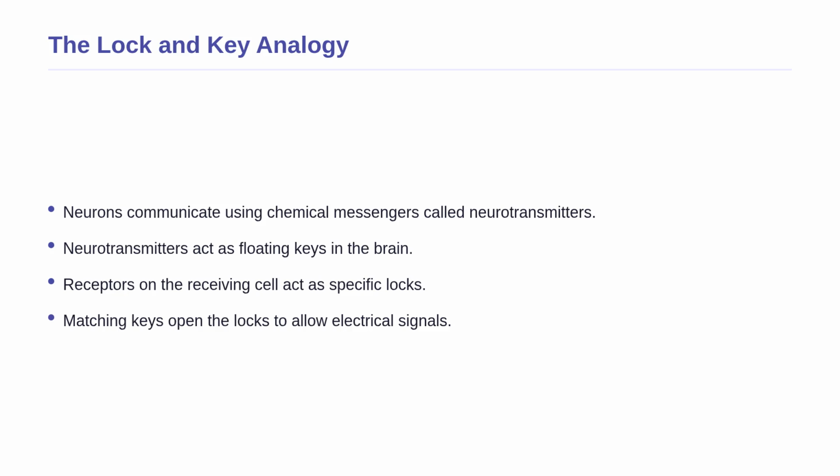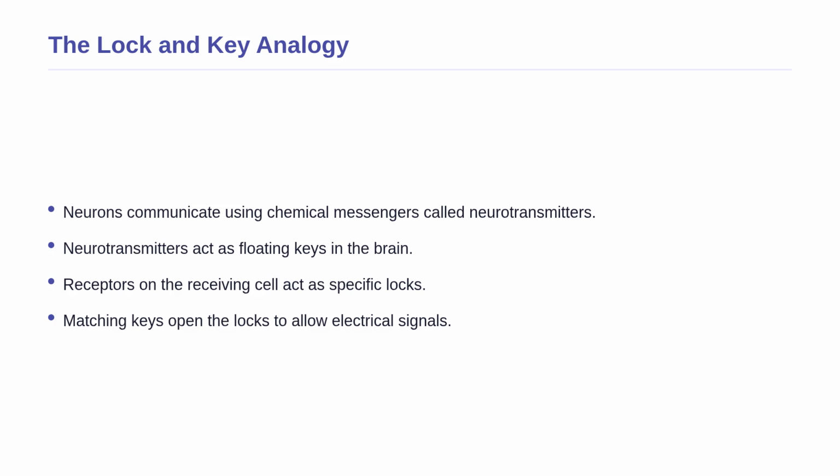Now that we have introduced our topic, let us start with a simple analogy. Imagine you are standing outside your house. You cannot just yell at the door to open. You need a specific physical key that fits perfectly into the lock. In the human brain, neurons communicate in a very similar way. They release chemical messengers called neurotransmitters, which float across the tiny gap between cells.